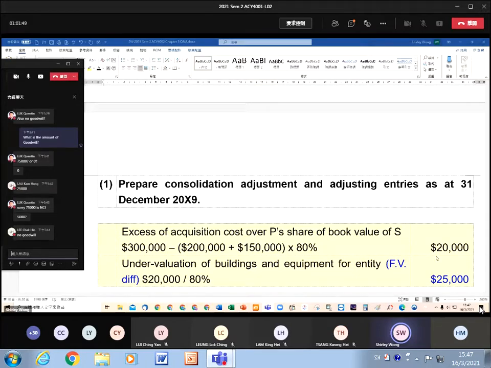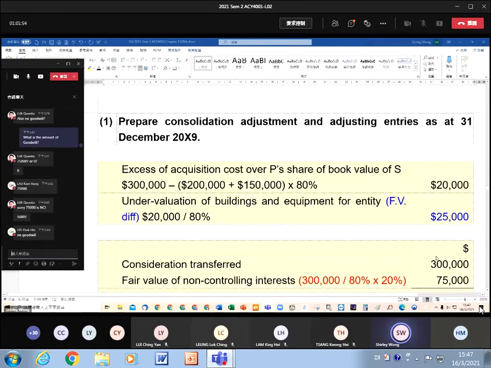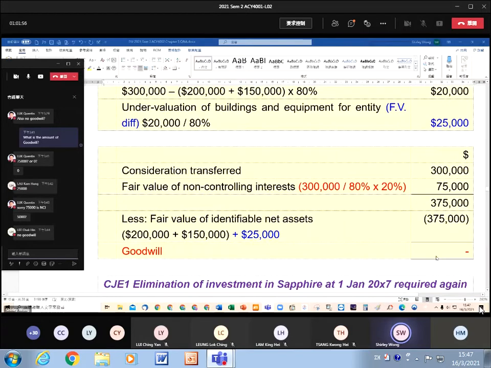And the second item you need to find out is the NCI. Remember, the holding company is buying on the same proportion. So the purchase consideration is 300,000, and 300,000 is for 80%. Then in the same proportion, how much is 20%? Since it says there is no control premium, it is on the proportionate basis.